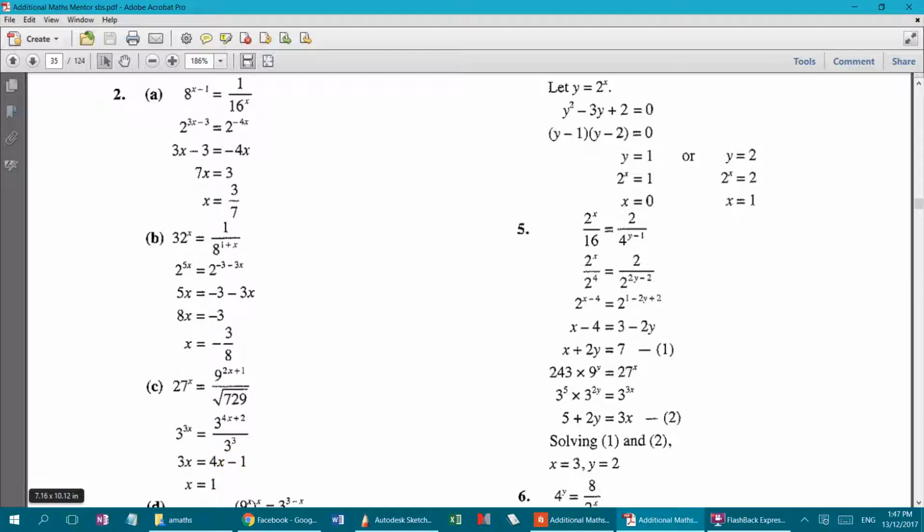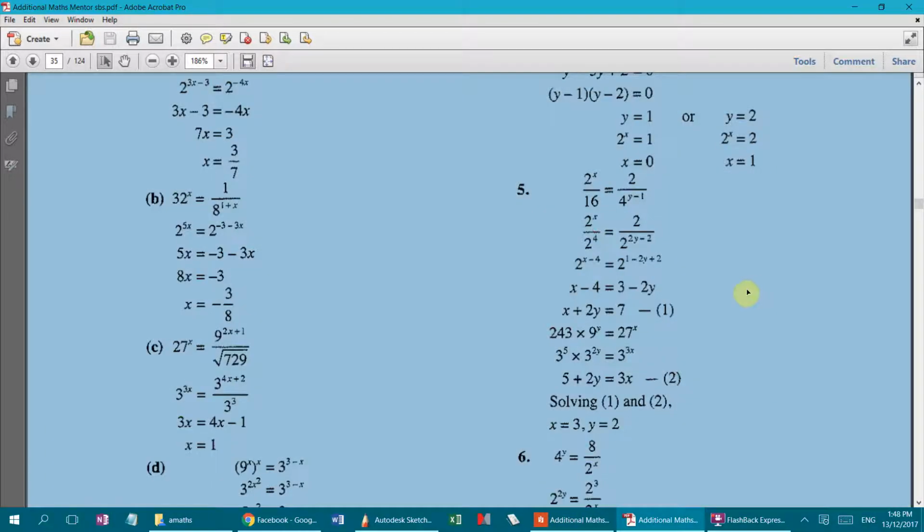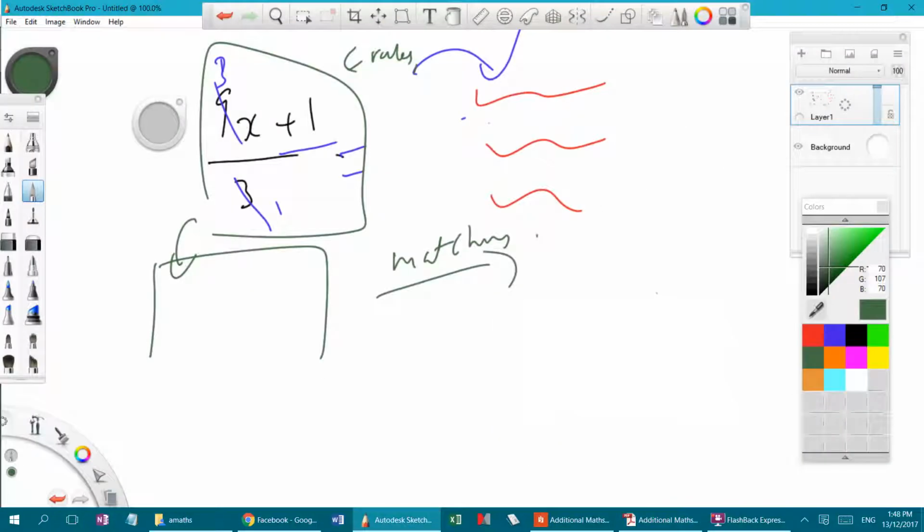It's a type of comparison. For example, simultaneous equations can be called one technique to solve it. Then there are rules.